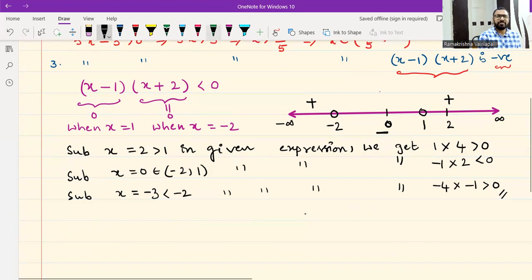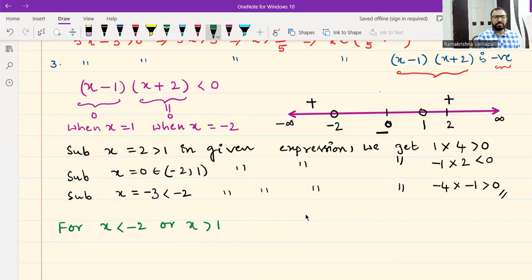So here I'm writing, for x less than minus 2 or x greater than 1, we have that x minus 1 into x plus 2 is positive.